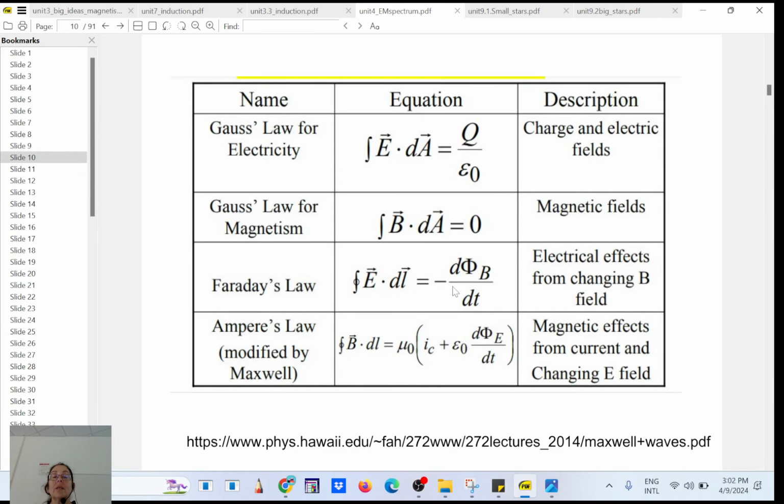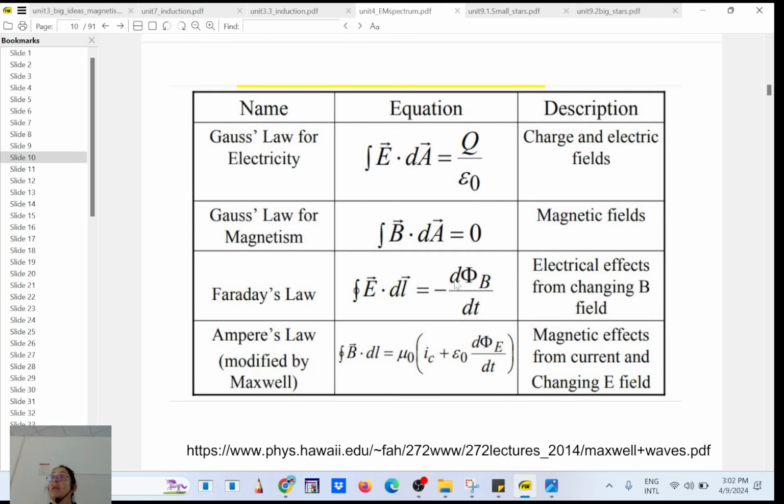So these are Maxwell's equations that describe the behavior of static electric field, static magnetic field, changing magnetic field, and changing electric field. So this one you already know. It says that a static electric field always diverges away from a positive charge.